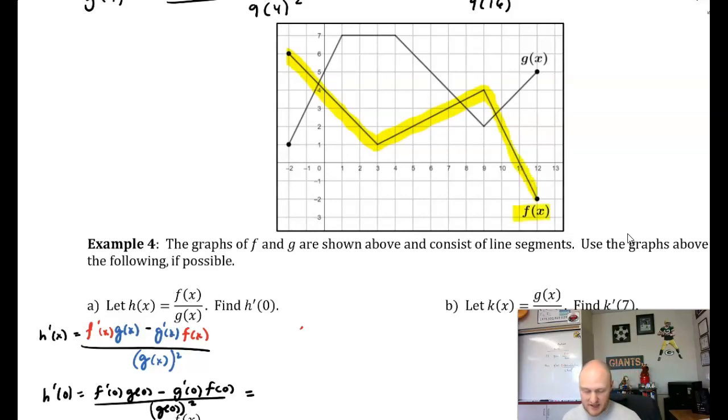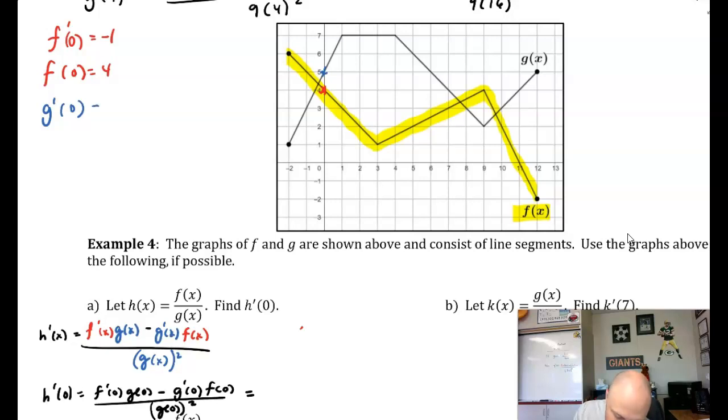That function's f, the other function will be g, and we are looking at 0. Here's 0, and it looks like f prime of 0 is negative 1, and f of 0 is 4. Then g prime of 0 is right there. The slope is 2 and the function value is 5.